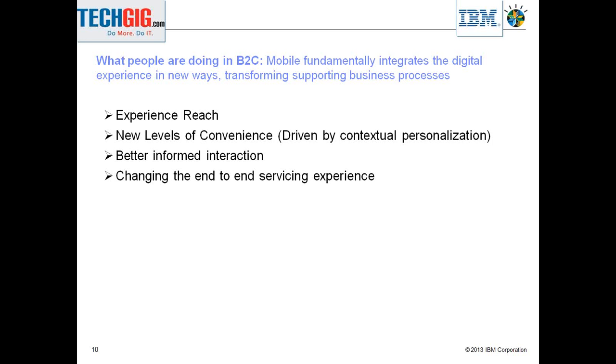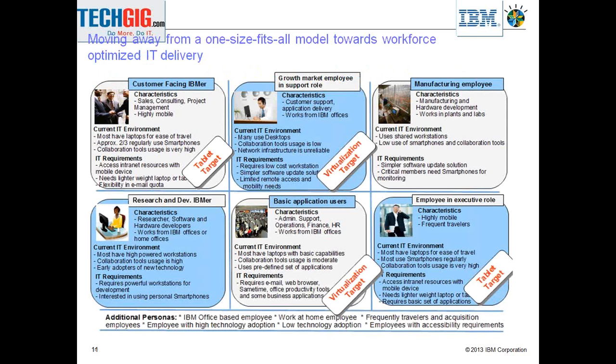Now let us come back to IBM's study. What we have done is move away from a one-size-fits-all model towards workforce-optimized IT delivery. Right? So we have a virtualization target, we have tablet targets, then we have different types of employees and their characteristics and behavior.